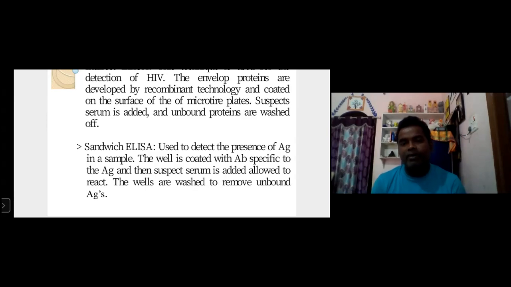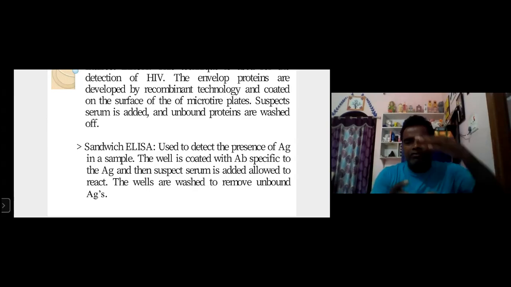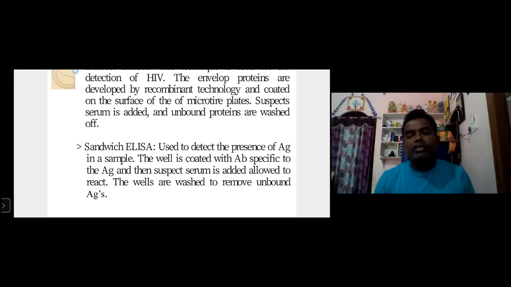For example, here what happened? The wells are coated. According to 1971, according to the scientists Engvall and Perlmann, the 96-well plate was discovered, the ELISA plate. The ELISA plate is coated with polystyrene, with 96 wells.